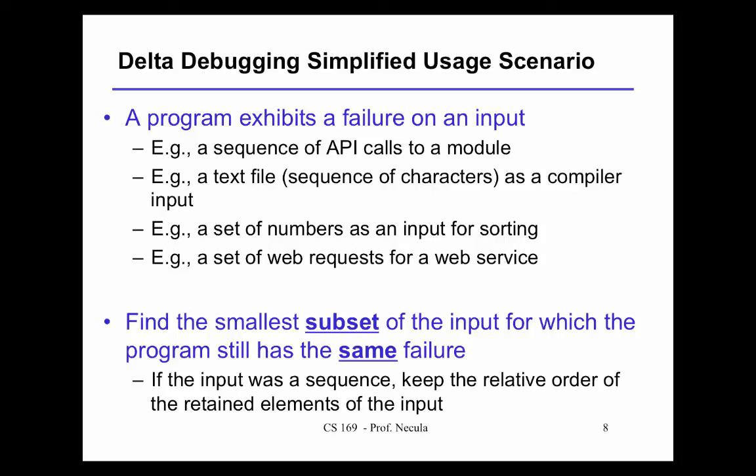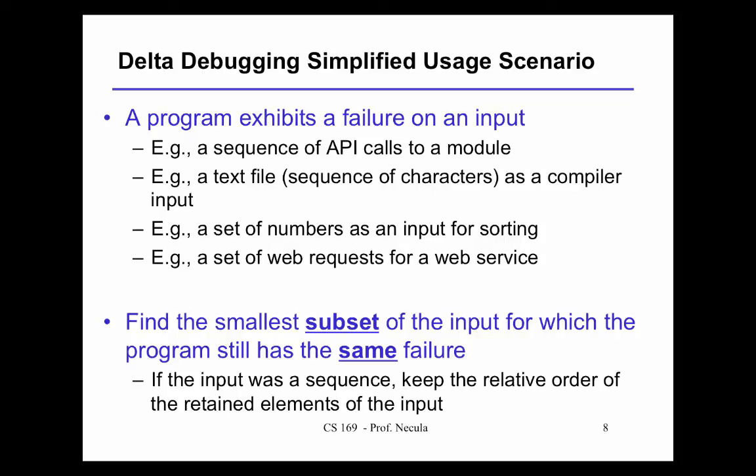So the crash happens on the last one I made, but perhaps a subset of those 300 that came before are sufficient to find the bug. Or if you're a compiler writer, your input is a text file. Okay? It's a big one. Or a set of numbers for a sorting routine, or a set of web requests for a web service that creates something bad.